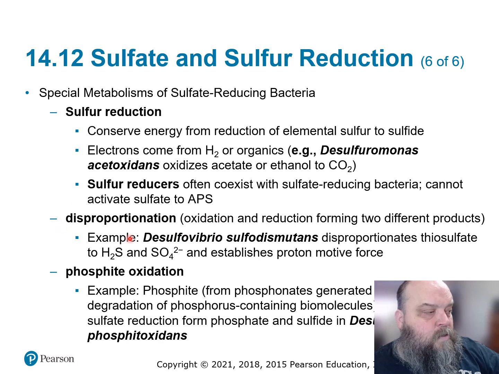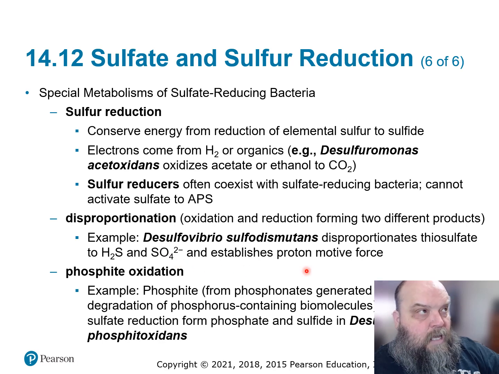There are some that do a disproportionation. They overproduce one over the other, so the oxidation reduction forms two different products, which can push and pull on the metabolism one way or another. Desulfovibrio sulfodismutase: thiosulfate to hydrogen sulfide and sulfate.